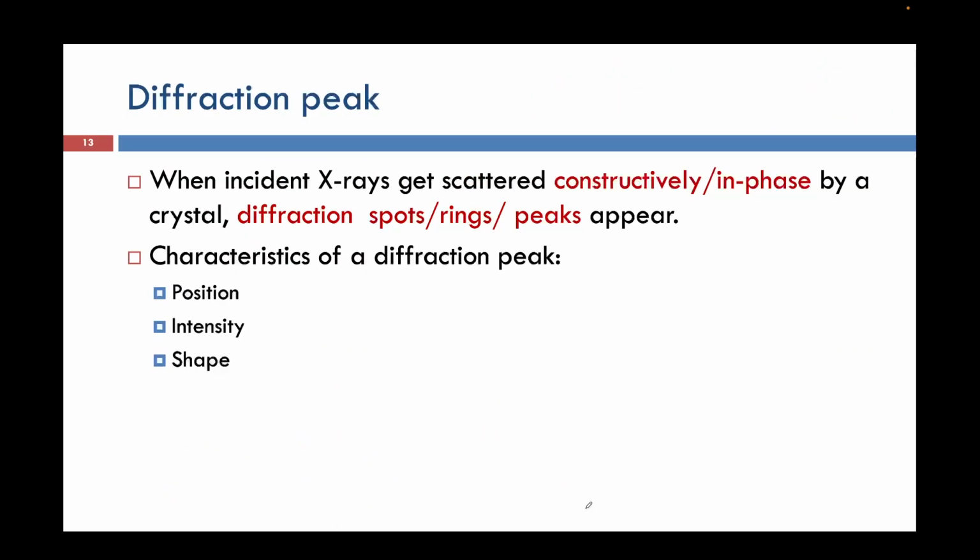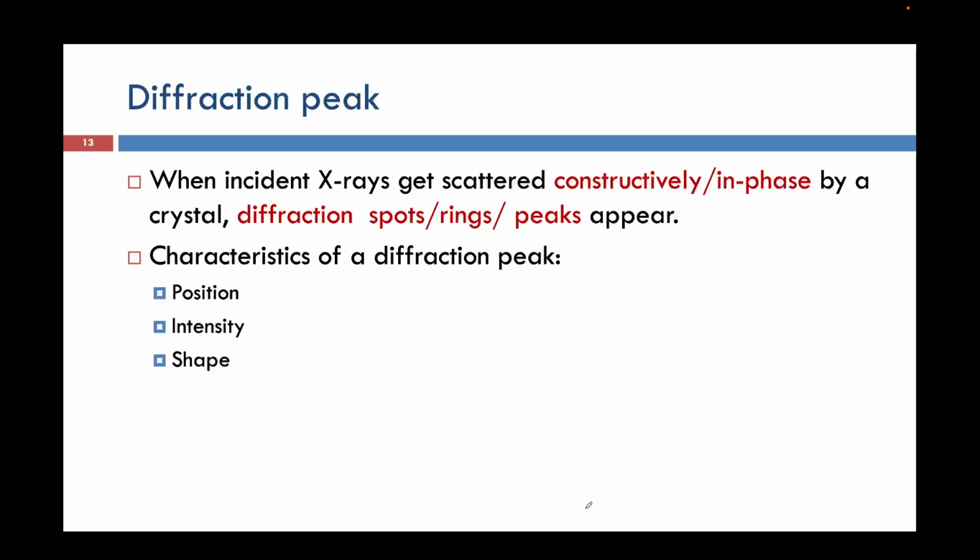Now we have calculated the intensity, so far we know how the intensity is coming. First we calculated the intensity from a single electron, then when two waves interfere with each other, then from two electrons, and we summed it over an entire atom which has n electrons.